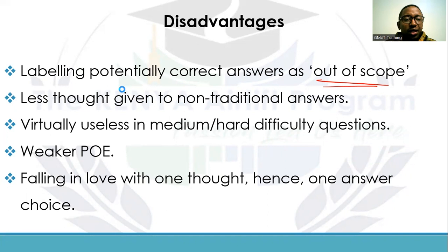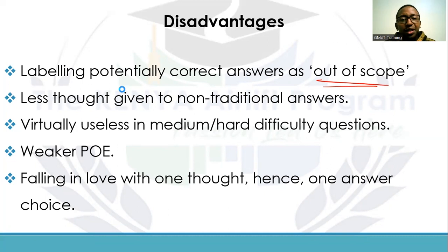And then the second one is you give less thought to non-traditional answers. These are answers that are seemingly not related to the subject matter of our stimulus, but in fact they actually affect it. So these, of course, you start seeing a lot of these when you get to the more difficult questions.